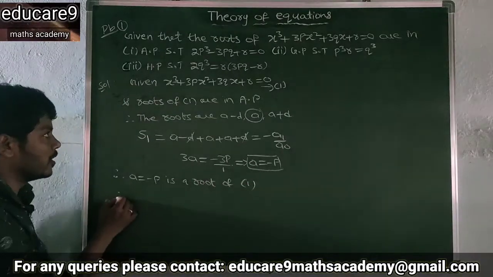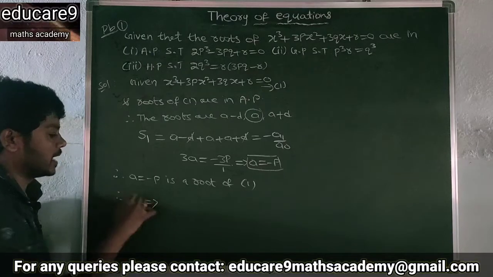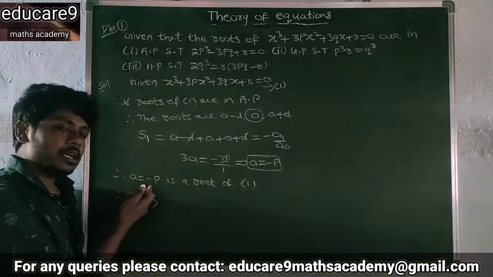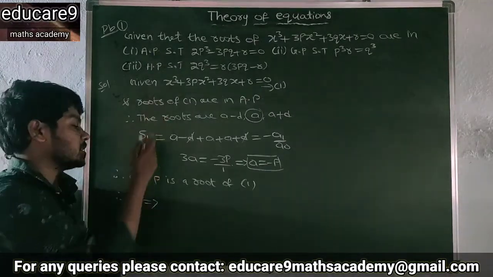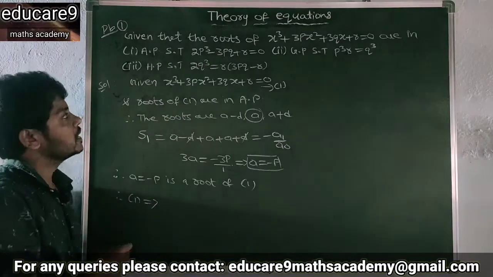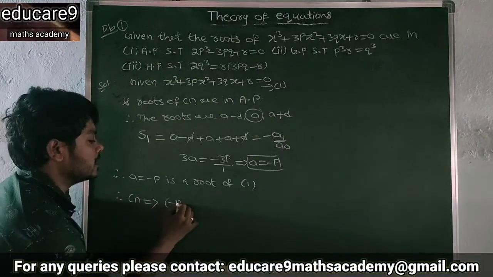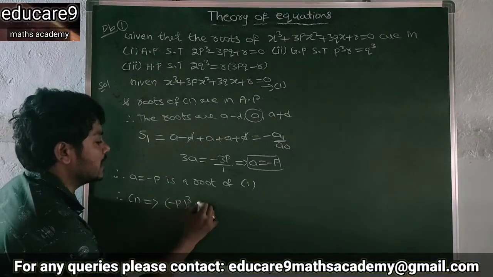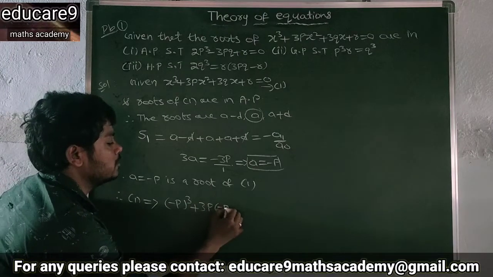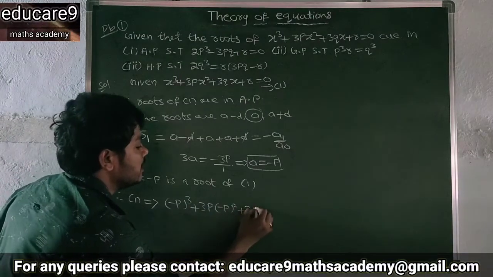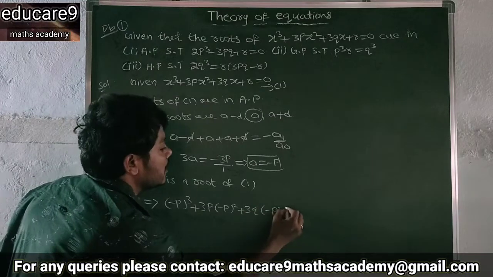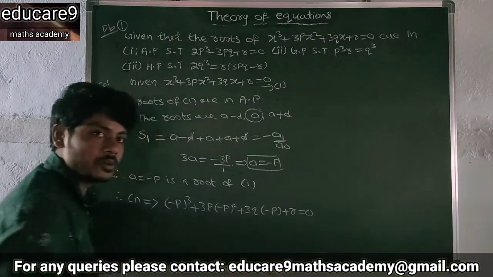So equation 1 implies, substituting x as minus p: minus p cube plus 3p into minus p square plus 3q into minus p plus r is equal to 0.